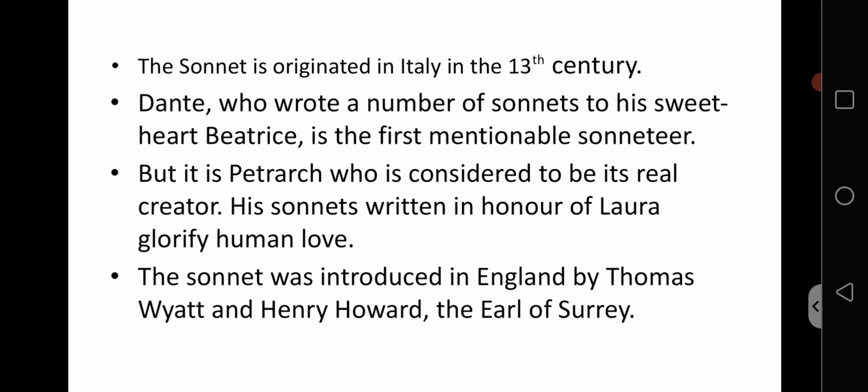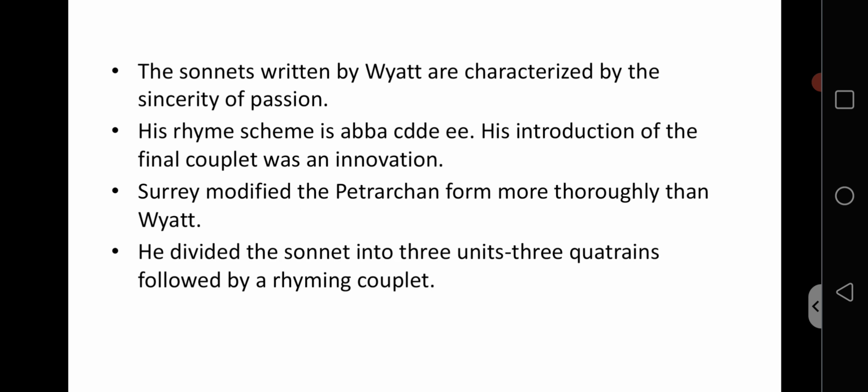These are the two writers who brought this form of literature from Italy to England. These writers also wrote sonnets to glorify human love. The sonnets written by Wyatt are characterized by sincerity of passion.